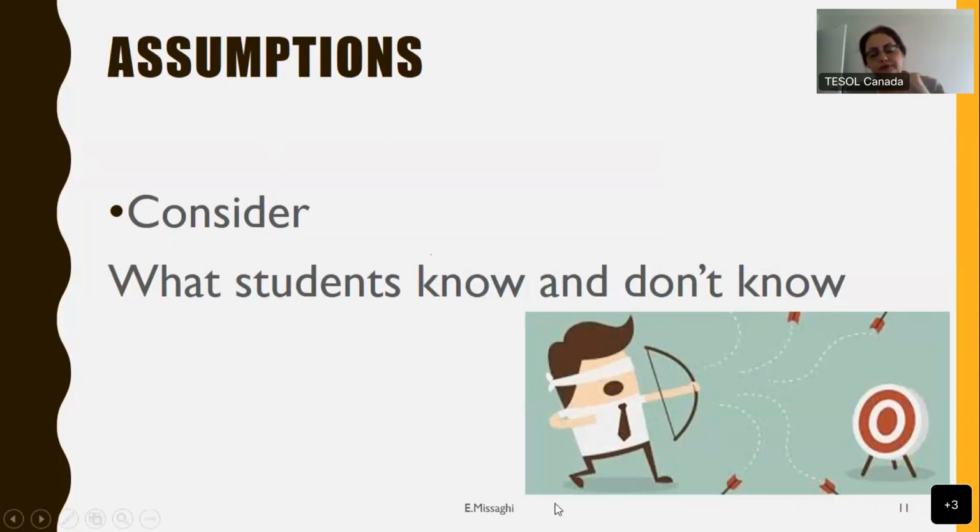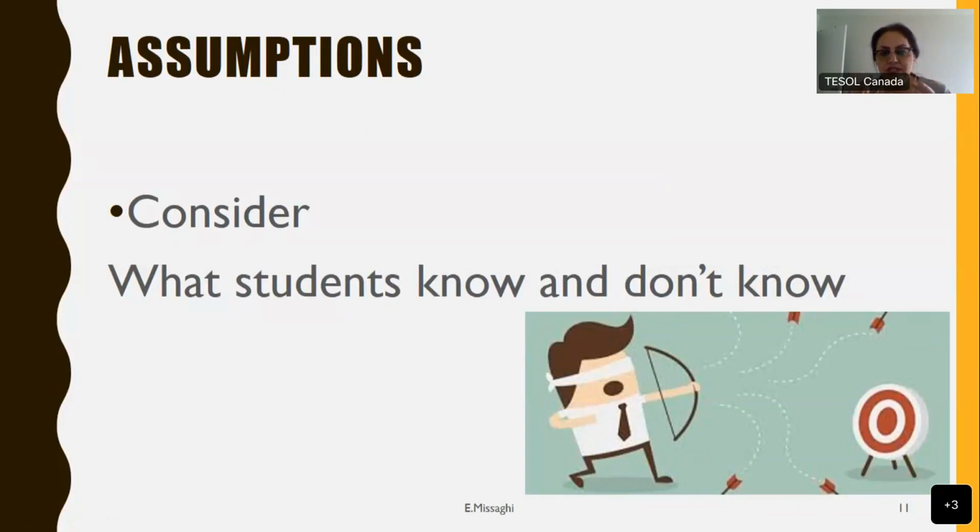For example, they're at the level of pre-intermediate. They know to-be verbs. They know the simple form of many verbs, at least some action verbs. They know how to introduce themselves. They can use simple present tense in English.